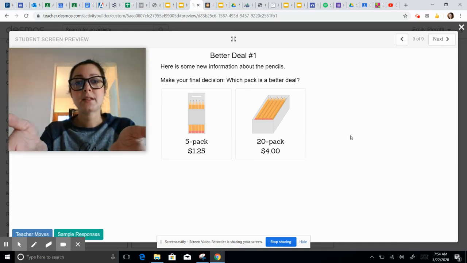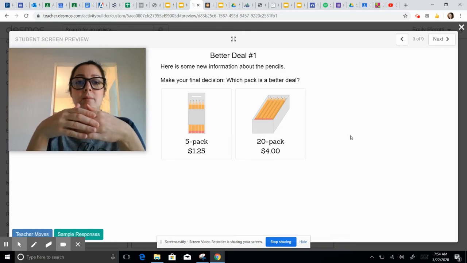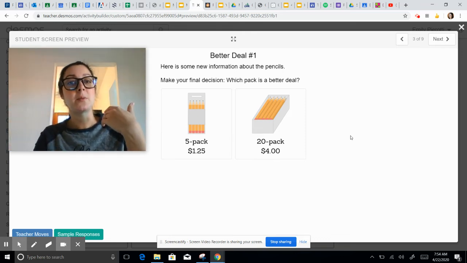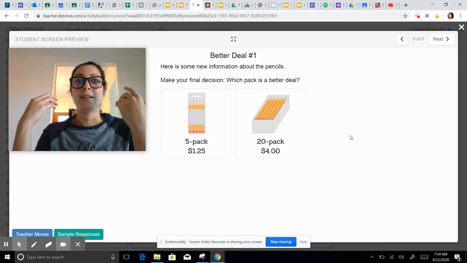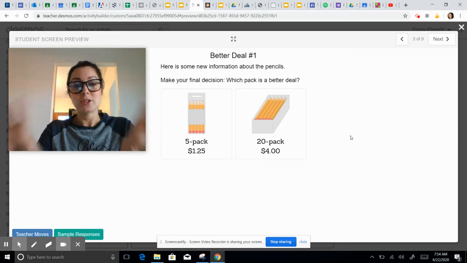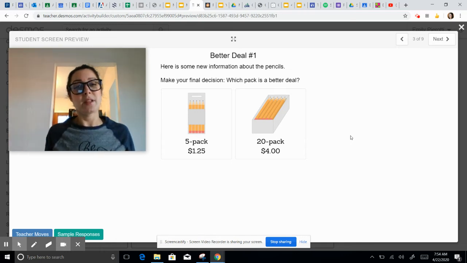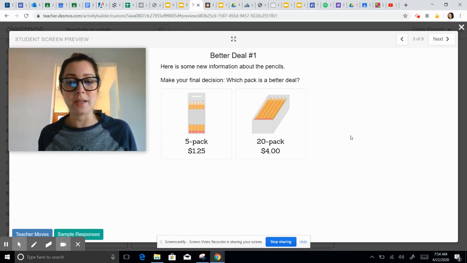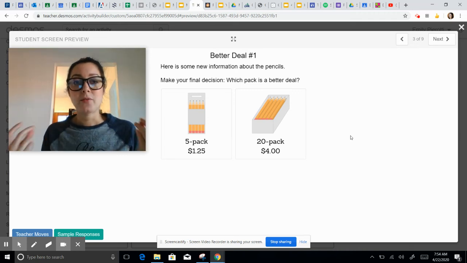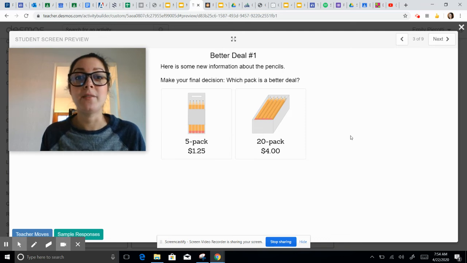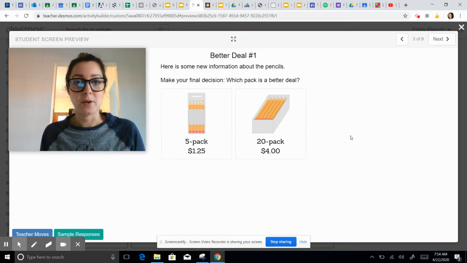With this kind of problem, you have a 5-pack that's $1.25. You have a 20-pack that's $4. Looking at this, we can't really see which one is the better deal. I mean, in my mind, first thought, 5-pack $1.25 because it's cheaper than $4.